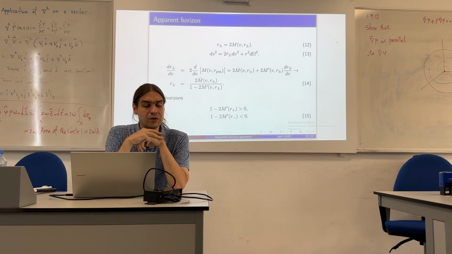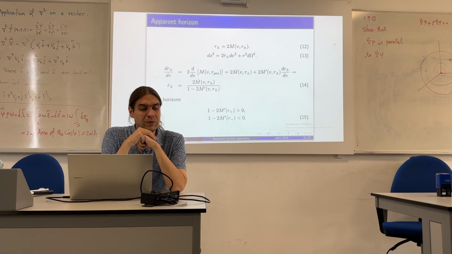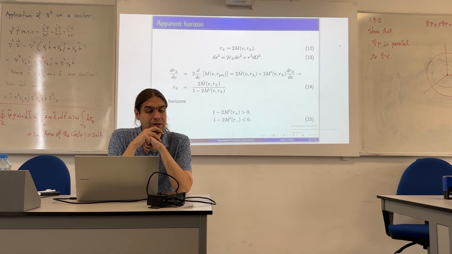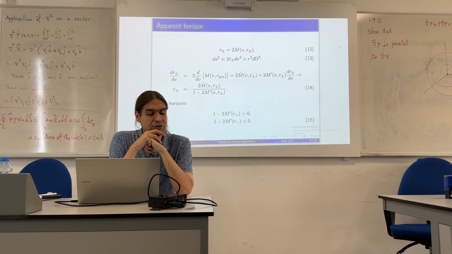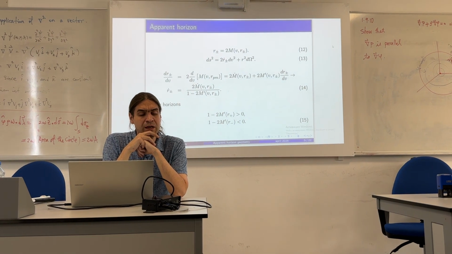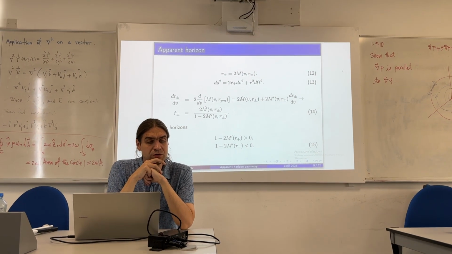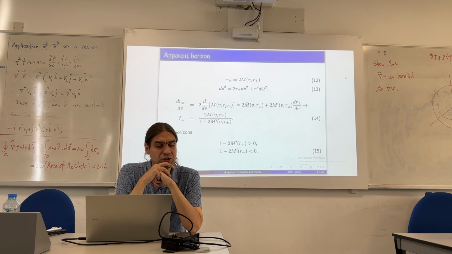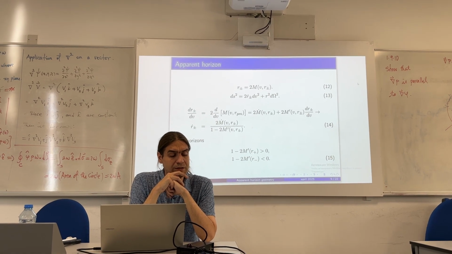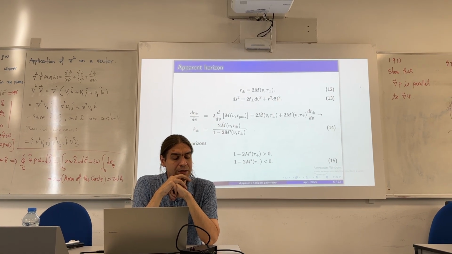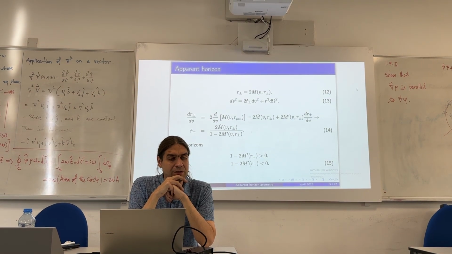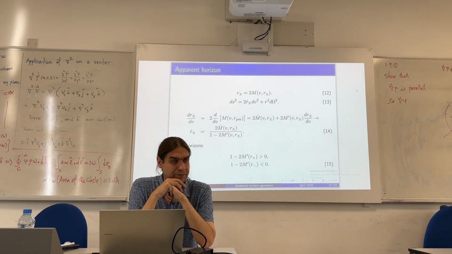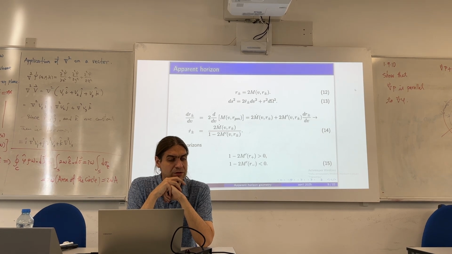But r minus dot will be decreasing, it's time-like, always time-like, when the energy condition holds. So in this usual scenario, the exterior apparent horizon is expanding in time. Yes, it's a space-like hypersurface.